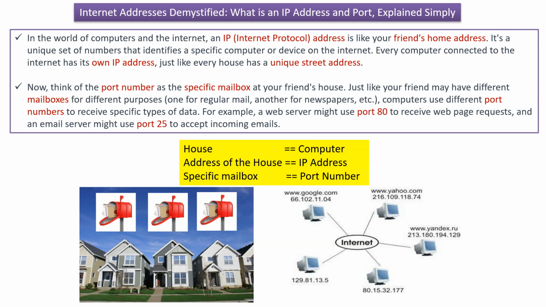For example, a web server might use port number 80 to receive web page requests, and an email server might use port number 25 to accept incoming emails. So in this analogy, the house is equivalent to the computer, the address of the house is equivalent to the IP address, and the specific mailbox is equivalent to the port number.